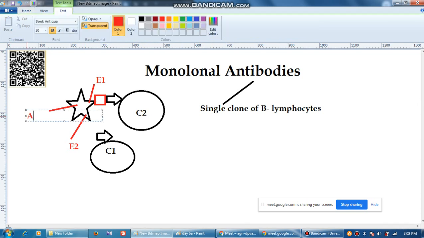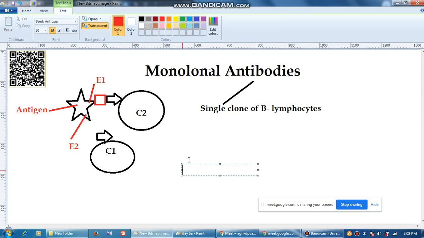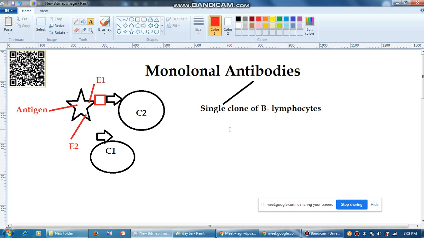It could be any antigen, most of the time a bacterial antigen or a fungal pathogen as well. When these antigens enter the system, they stimulate the B lymphocytes, and there will be an antigen-receptor interaction with the receptor present on the surface of the B lymphocytes.